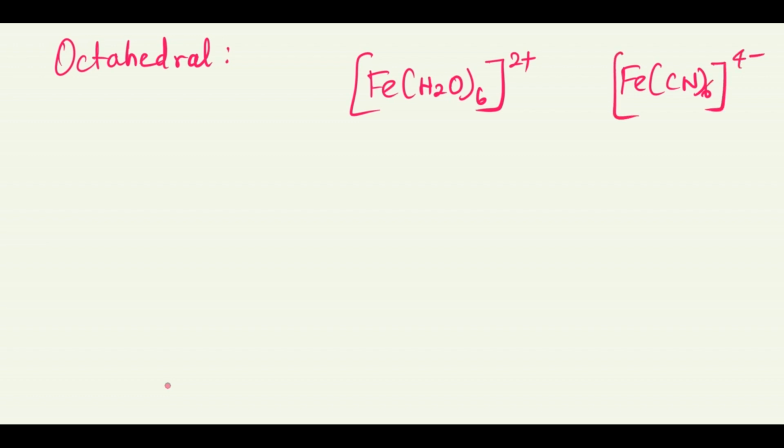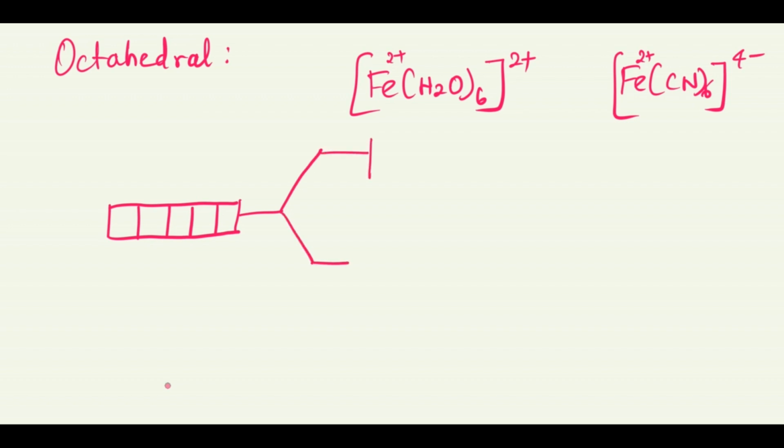In both the states you can see the oxidation number is 2+, right? So the number of electrons is the same, but what happens in the presence of strong field and weak field ligands, that we are going to see. So I'm drawing a diagram for strong field and weak field ligands.